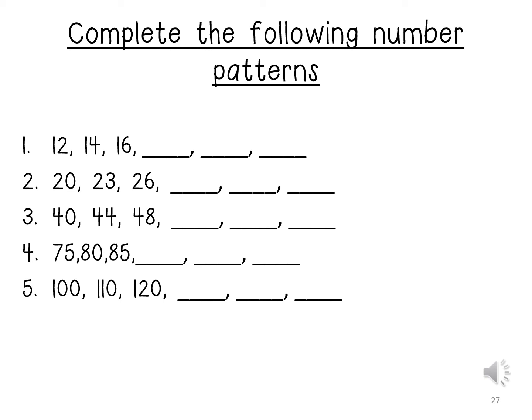Number 4, 75, 80, 85. Let's count from 75. 75, 76, 77, 78, 79, 80. So which means we are counting in fives. And number 5, 100, 110, 120.